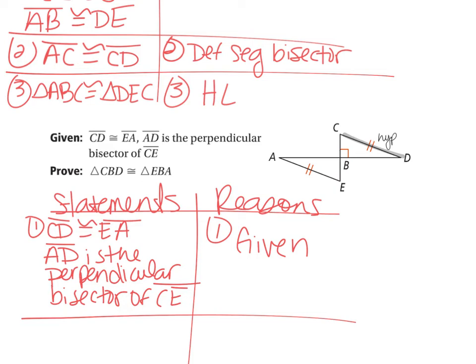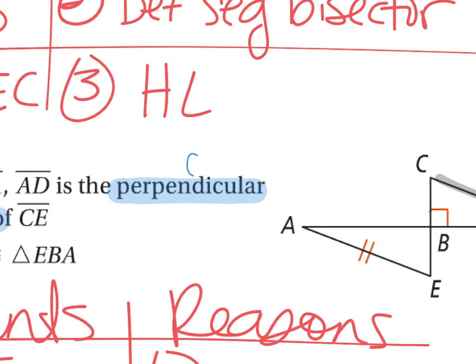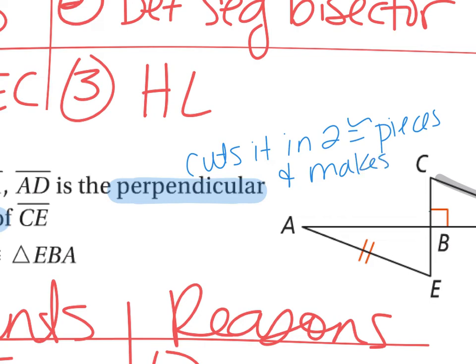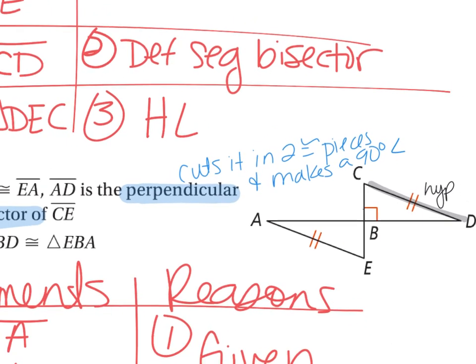What do you think perpendicular bisector means? It means it cuts it in two congruent pieces. That's what bisector means, but what does perpendicular mean? It makes a 90-degree angle.